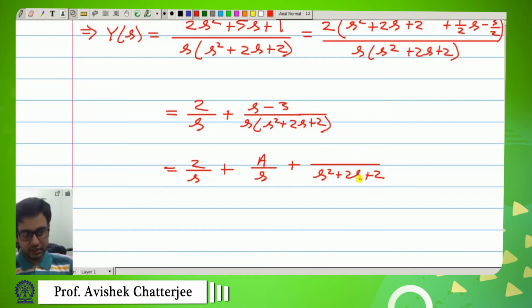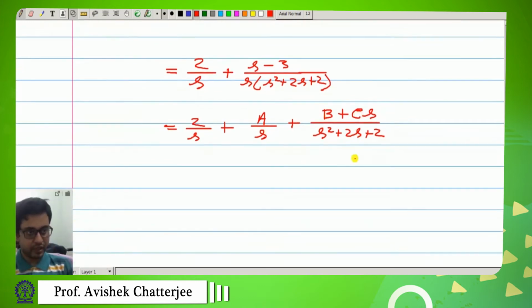Now since this denominator here is quadratic, I will take the numerator to be of first order, b plus cs. So this will be true for some values of a, b and c.